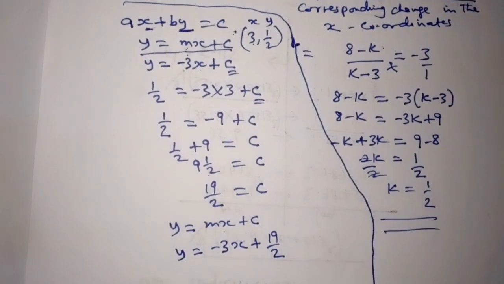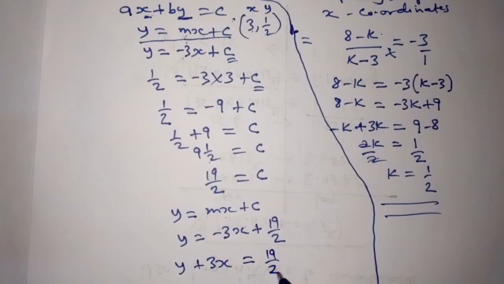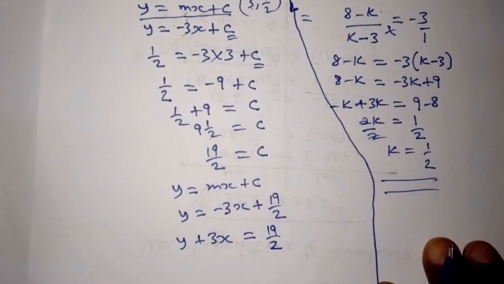We can bring -3x to the other side. When it crosses, it becomes +3x, so y plus 3x is equal to 19 over 2.